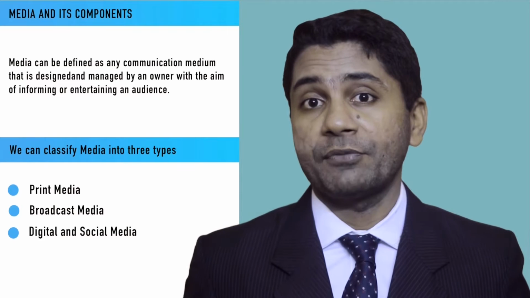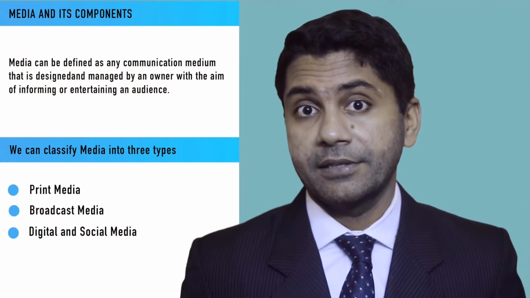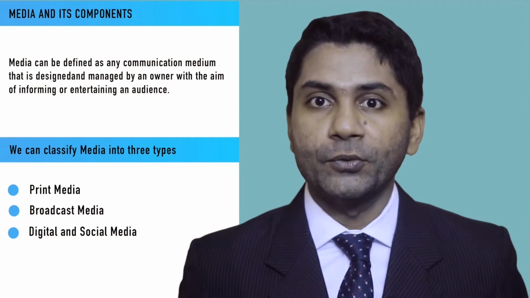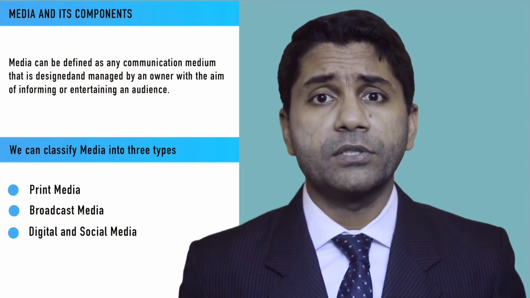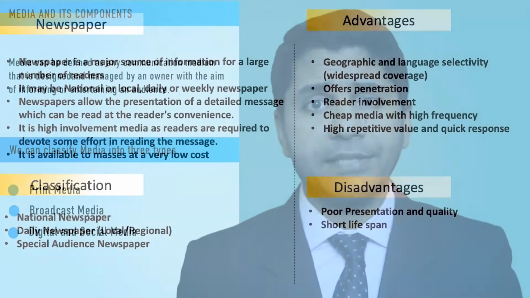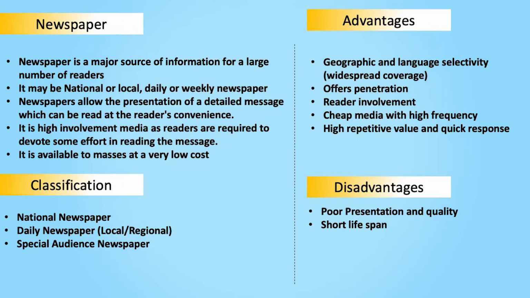So we can classify media into three types. Print media, which includes newspaper, magazine, newsletter, outdoor billboards, periodicals, etc. When we talk about print media, newspaper is the inevitable one. Newspaper is a major source of information for a large number of readers. It may be national or local, daily or weekly.